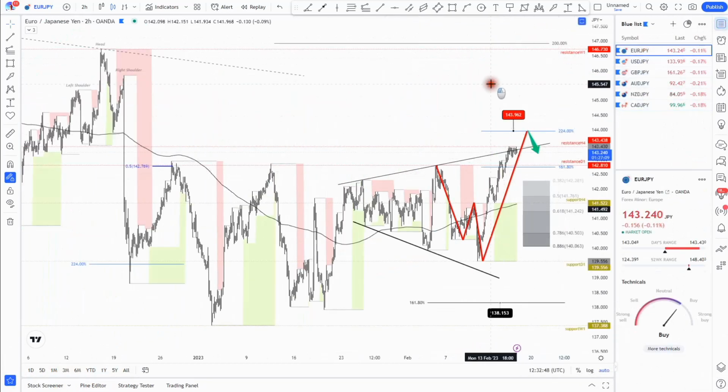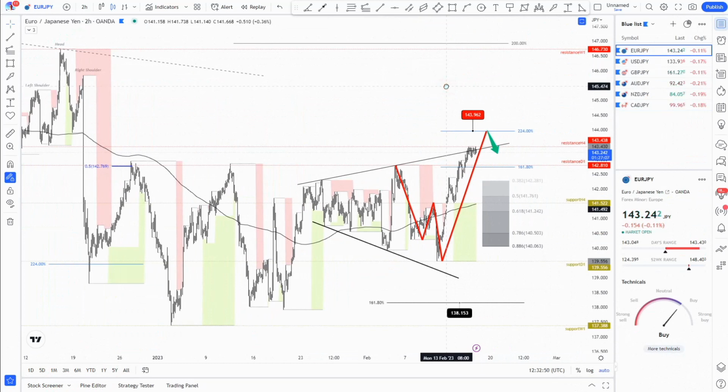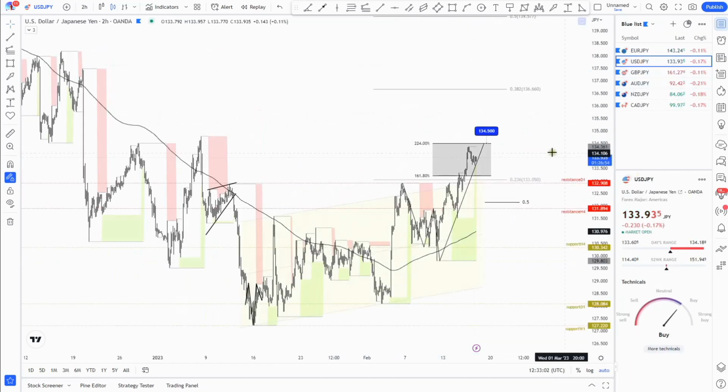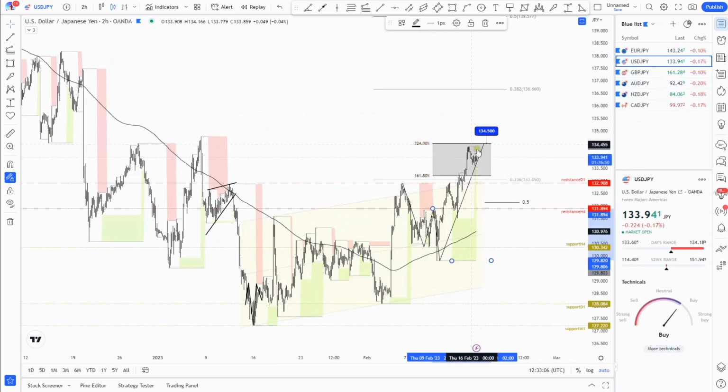Euro versus yen, just to recap. Euro versus yen now threatening a resistance, a megaphone pattern formation. We have a shark pattern at 143.96. The dollar versus yen, we are also trading inside that range between the 161 to 24.